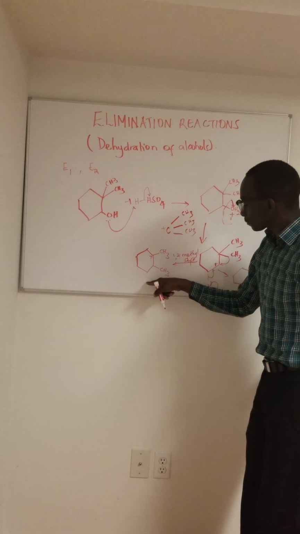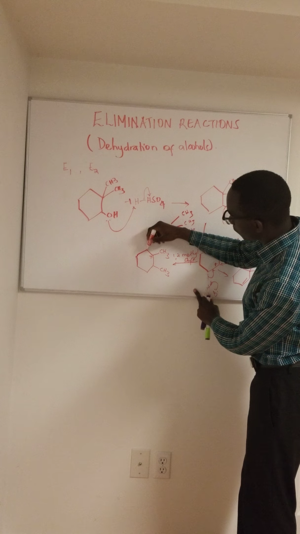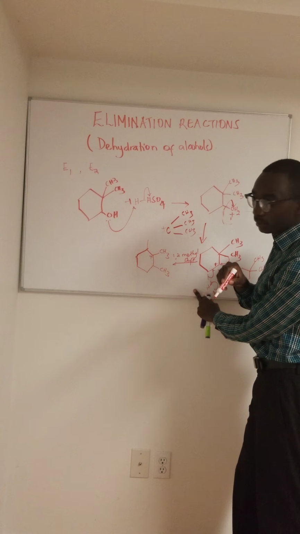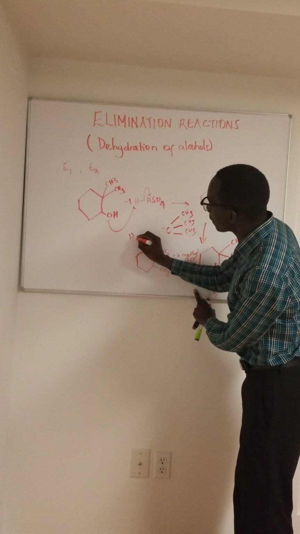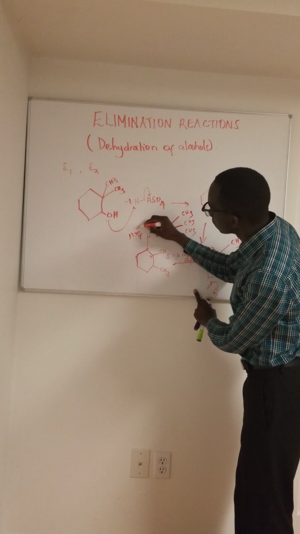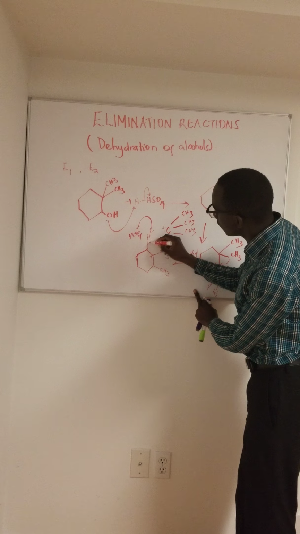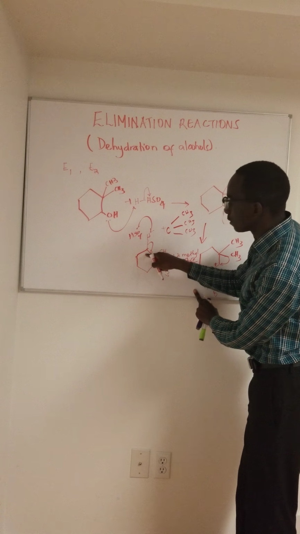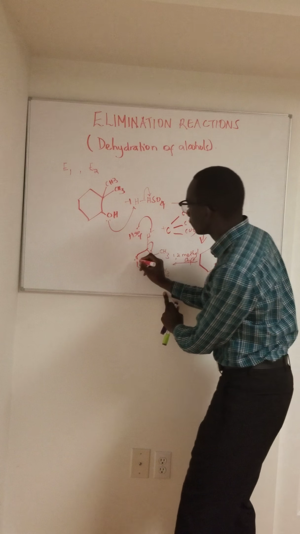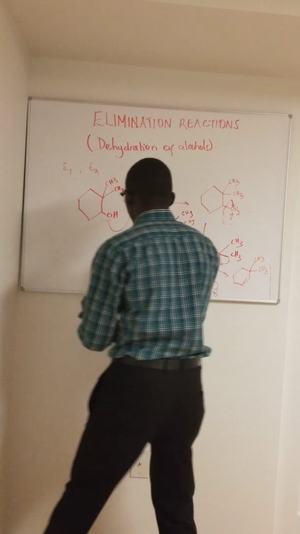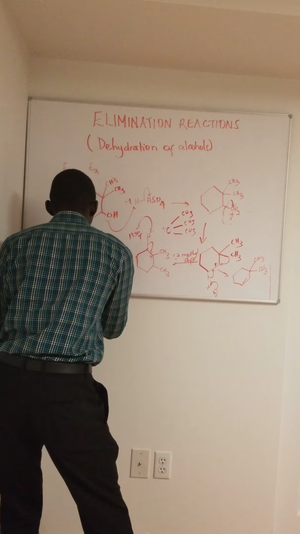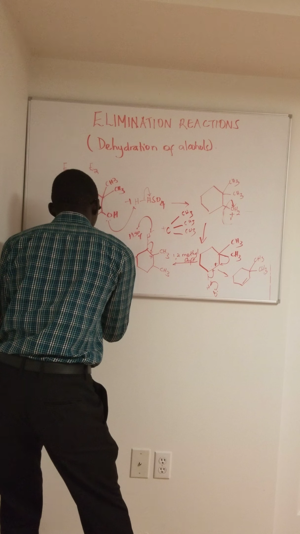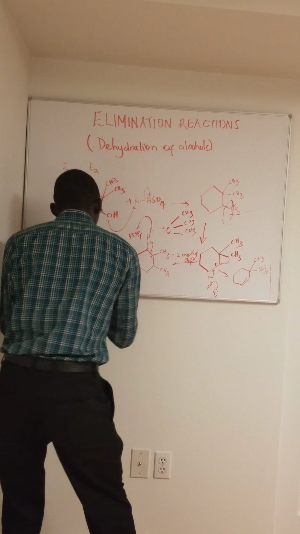The hydrogen from this carbon will be taken up by the hydrogen sulfate, and a double bond will be formed here. Then our final product will be this.